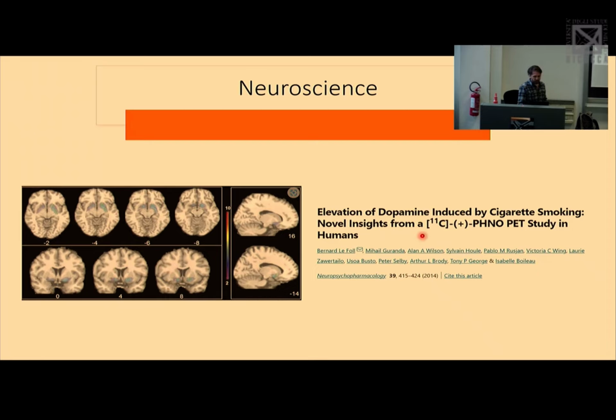Like in this case, they were using a tracer which is an analogue of dopamine, and they were studying how many dopamine transporters were present in the brain of a smoker before and after smoking a cigarette after a period of withdrawal. And you are able to see that. There's no other modality with which you can do that: study in vivo how the brain reacts to drugs, stimulants, and so on.